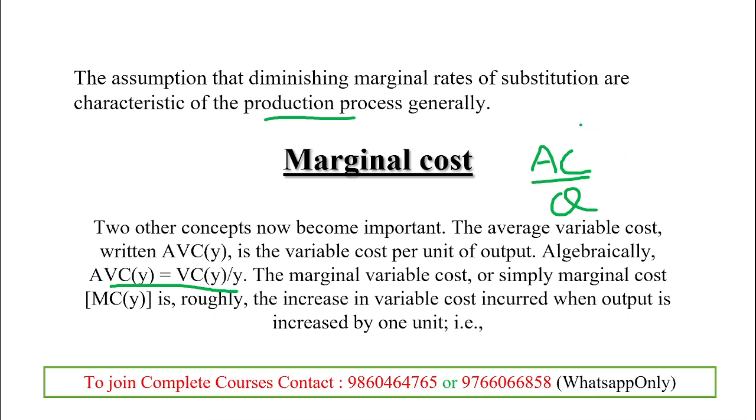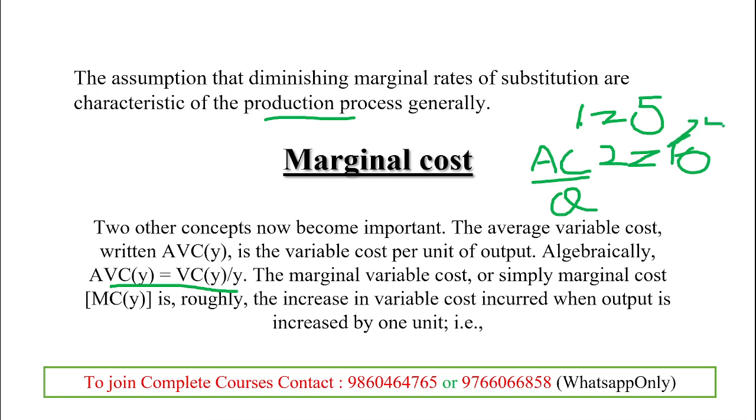For example, initially there is a cost of 5 rupees for the production of 1 unit, and then for 2 units there will be a cost of 10 rupees. The difference between 10 and 5 is again 5.